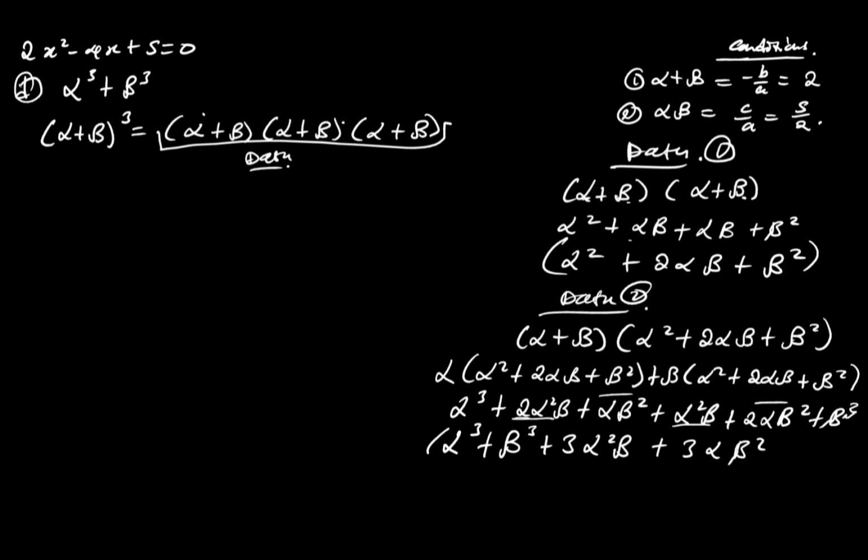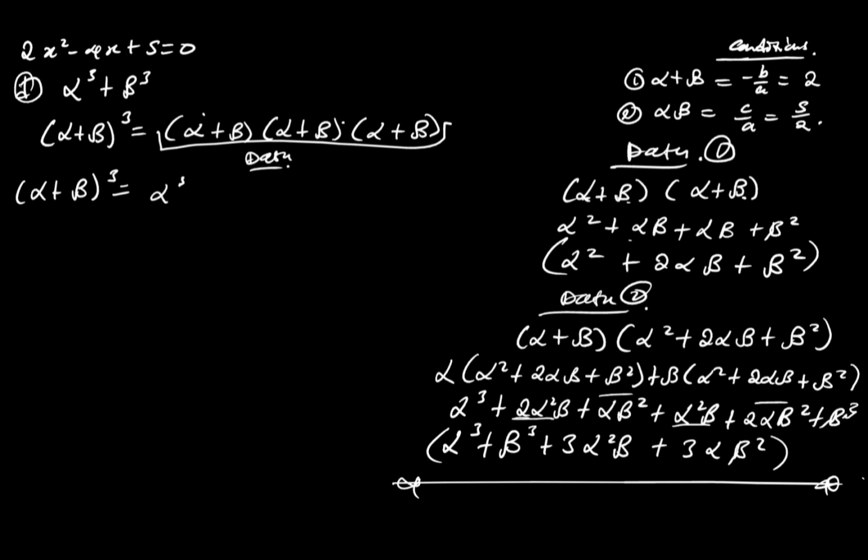So this means I found what I needed here. It's not the final answer though, it's just an expansion. It means that alpha plus beta cubed is equal to alpha cubed plus beta cubed plus 3 alpha squared beta plus 3 alpha beta squared.